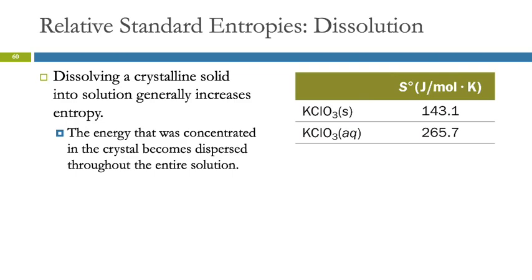That should make sense, because the ions are going to separate in solution and then they can move around, whereas in the solid state, we don't have the translational and rotational motion for the ions. Another way to think of it is that the energy that was concentrated in the crystal now gets spread out over a larger area, which is also an increase in entropy.